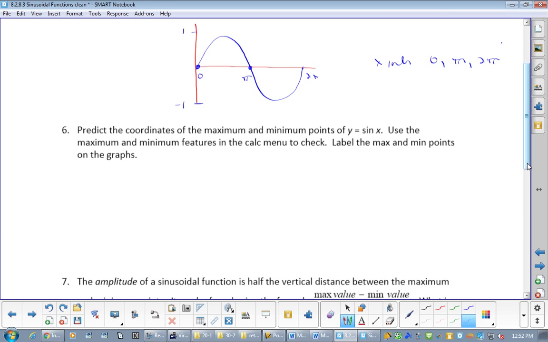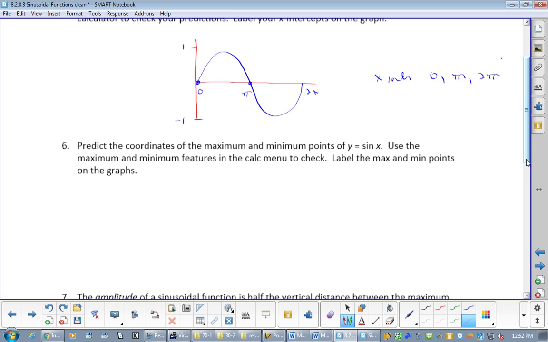Now, predict the coordinates of the maximums and the minimums. Now, I know the max should be 1 and the min -1. But the actual coordinates are, just so you know, pi over 2. Now what is pi over 2 in degrees? 90.